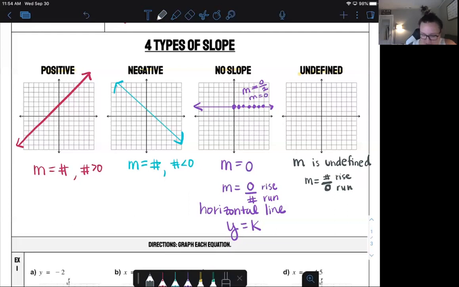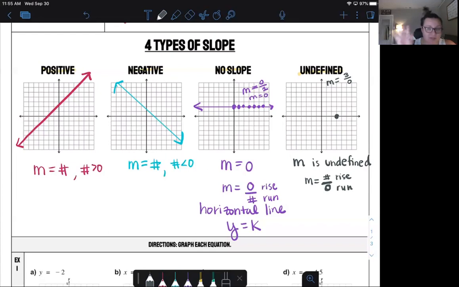So what happens is, let's start at an x value of 3. And I have an undefined slope, which means that, let's say I have m equals 3 over 0. Well, this is an undefined fraction, so you're never going to write m equals 3 over 0 as an answer.